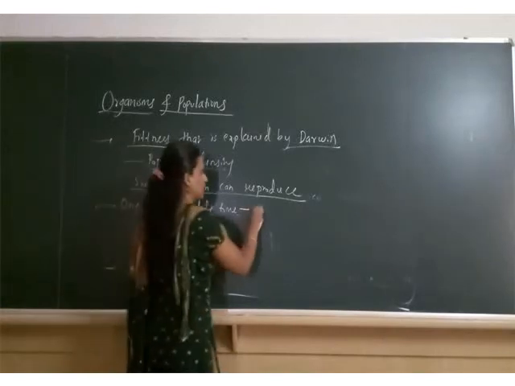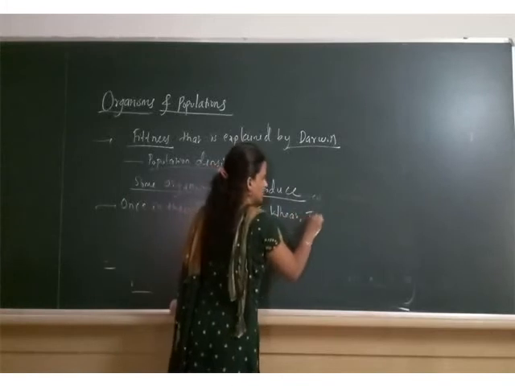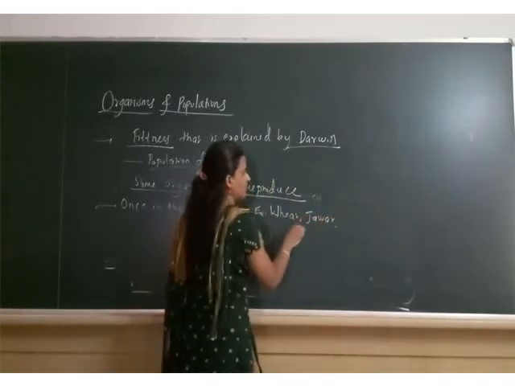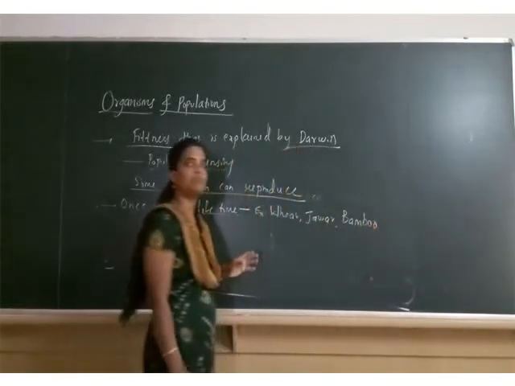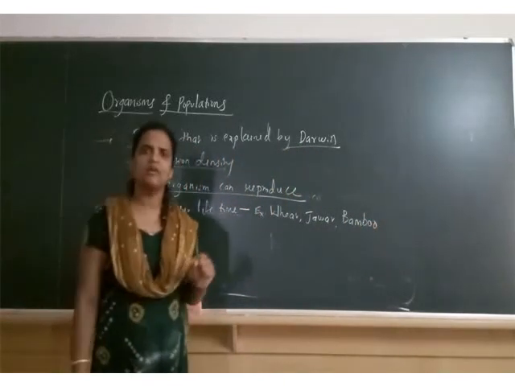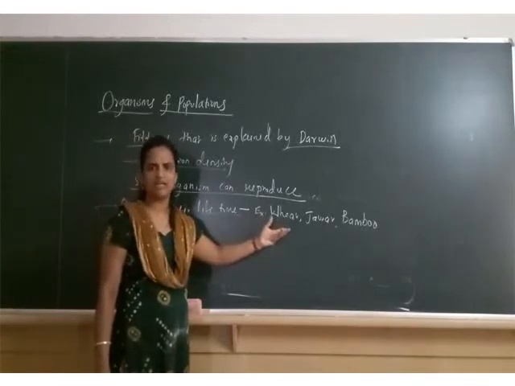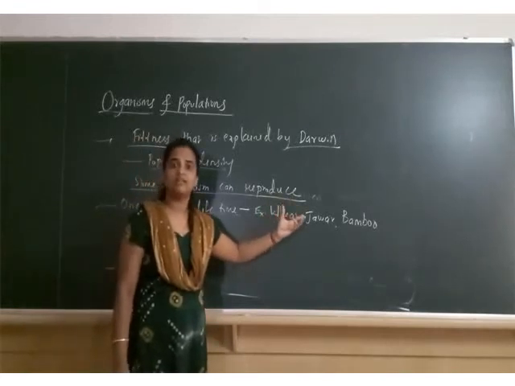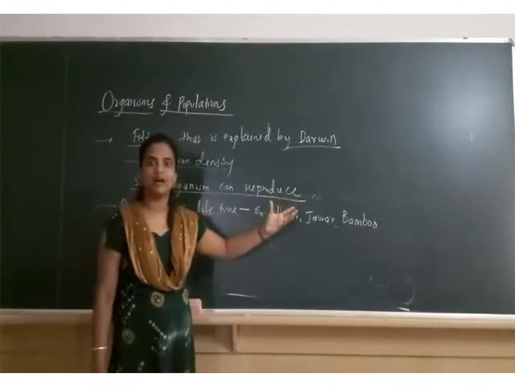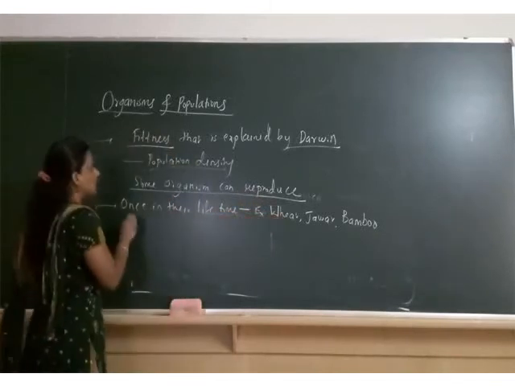For example, some plants reproduce once in their lifetime: wheat, jowar, bamboo. If wheat flowers once in its lifetime, fertilization takes place, seed is going to form, and lastly grains are formed. In this way, once in their lifetime they can reproduce.